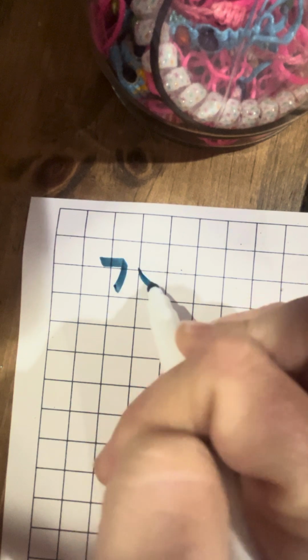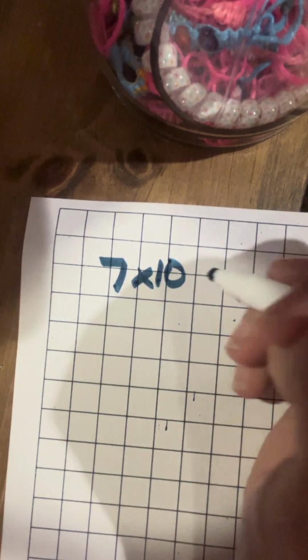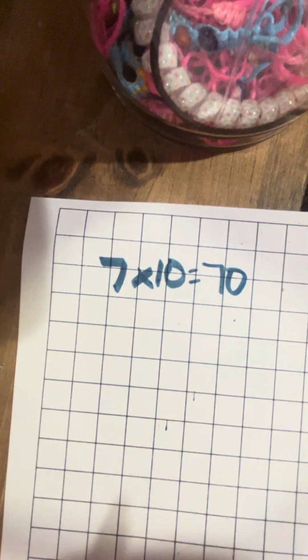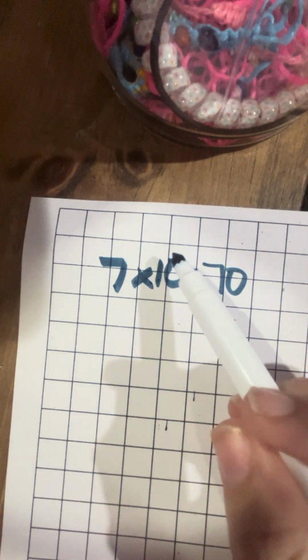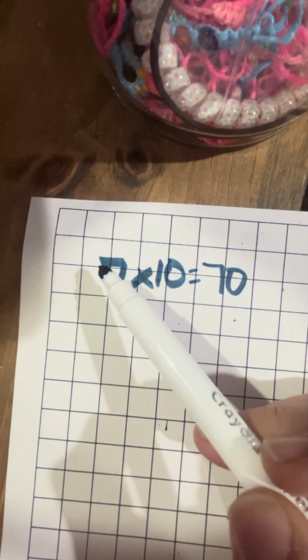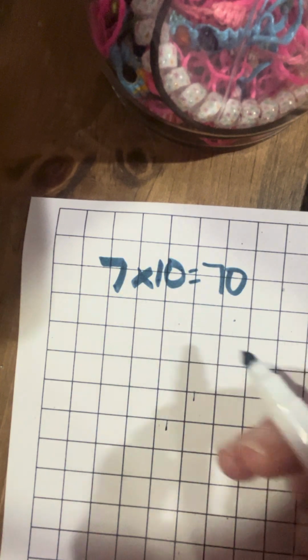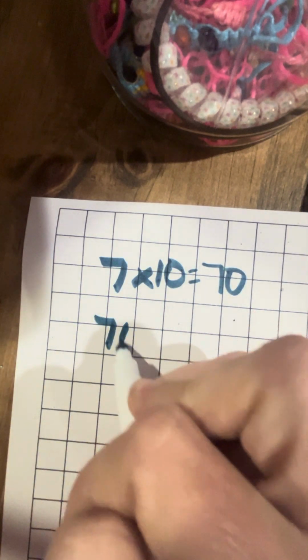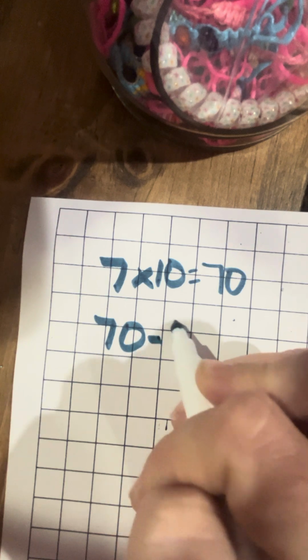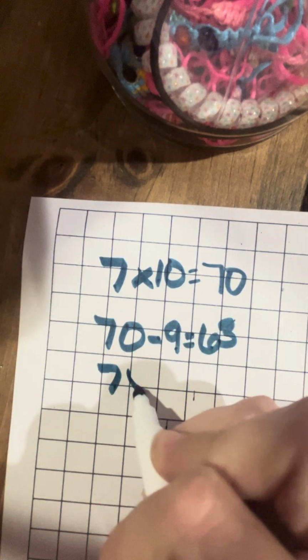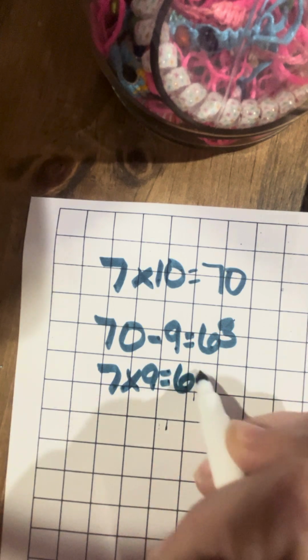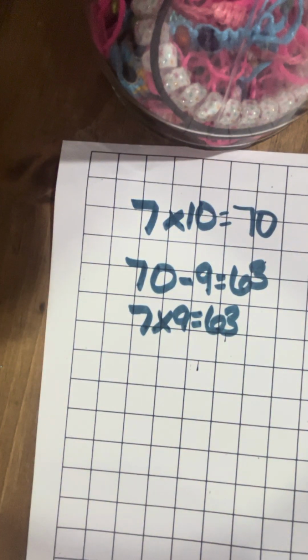A fact that I do know is 7 times 10, and 7 times 10 will give me 70. And I know that 10 is one more group of 7 than 9, so I can subtract 70 take away 7, and that will give me 63. So 7 times 9 is going to give me a product of 63.